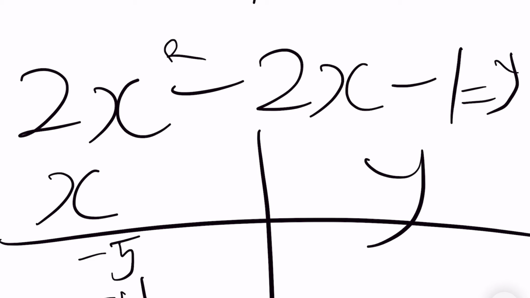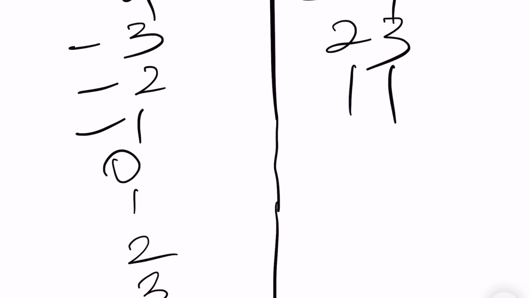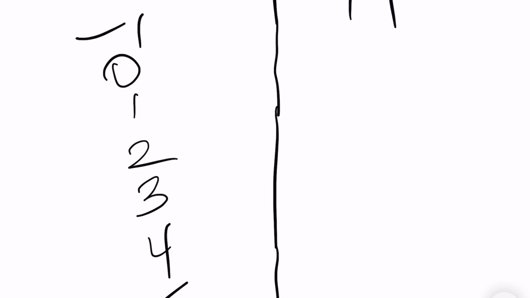Now, where x is minus 5, when we solve it, we have it to be 59. Where x is minus 4, we have it to be 39. Where x is minus 3, we have it to be 23. Where x is minus 2, we have it to be 11.